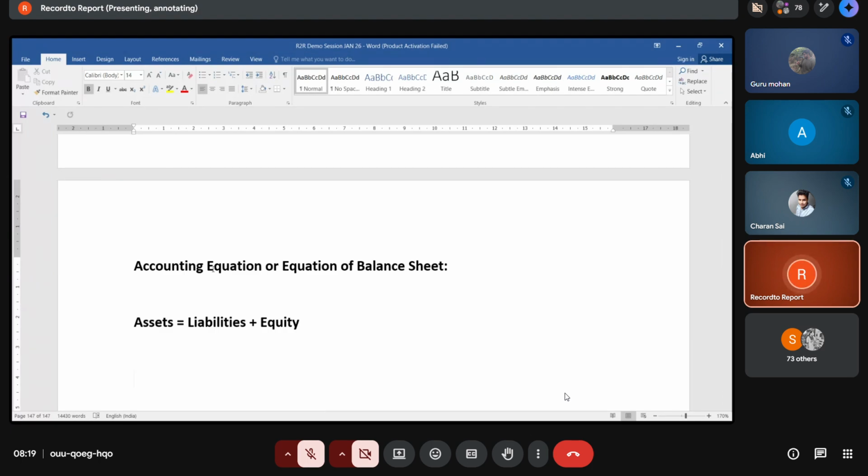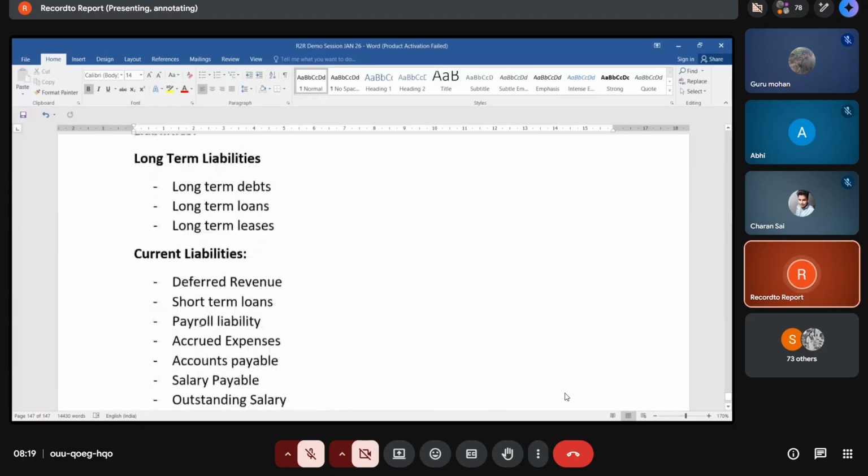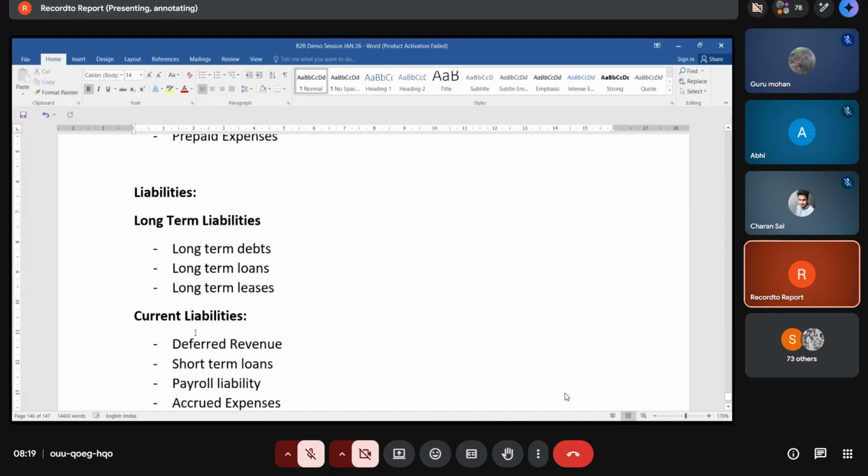Balance sheet reconciliation is the process of reconciling each and every account in the balance sheet. It is the process of validating each and every account. As I told you, some people will get a chance to work on liabilities, like deferred revenue accounts, short-term loans, payroll liabilities.